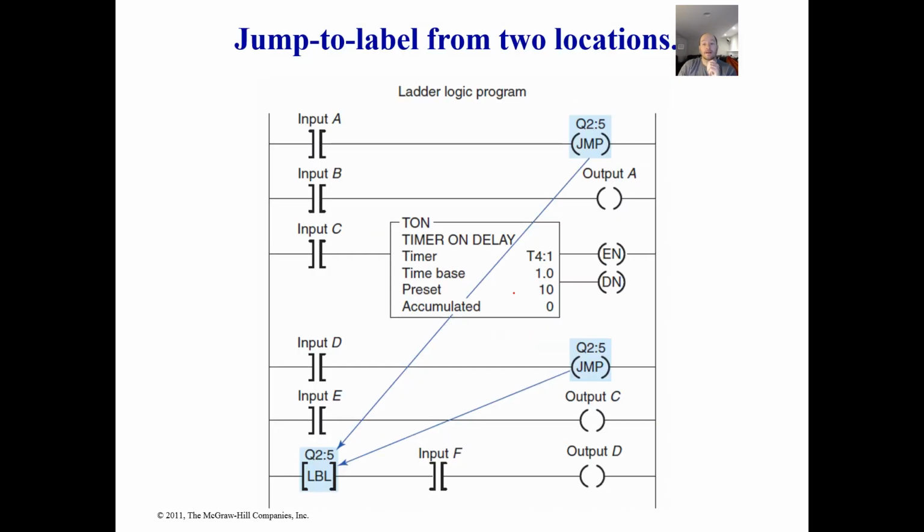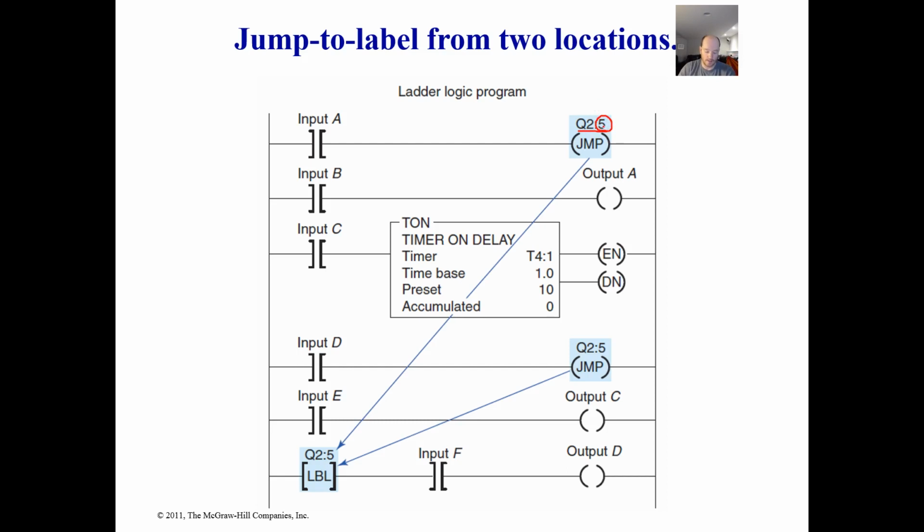All right. Now, the other thing you can do, and I want to note a couple of things here, and I've actually never seen this done in a program, but I know it can be. One, you can have multiple jumps, and people who like jumps, they're jump crazy. But here you can see this is Q2 5, so there's obviously some other jumps in there, or this is a jump in a subroutine, not to a subroutine, but in a subroutine, and they're identifying it with a different number here.